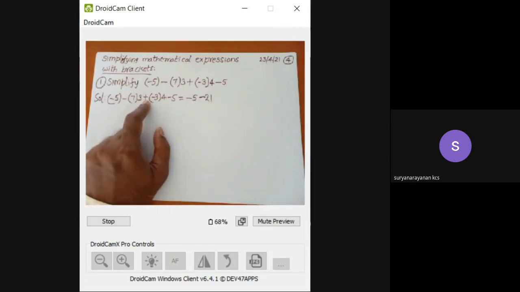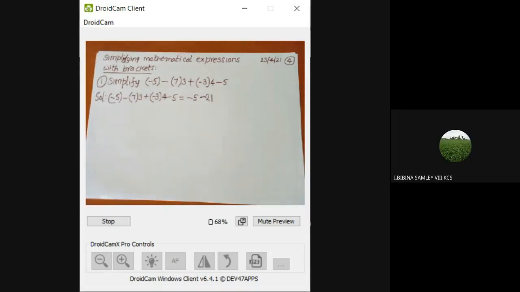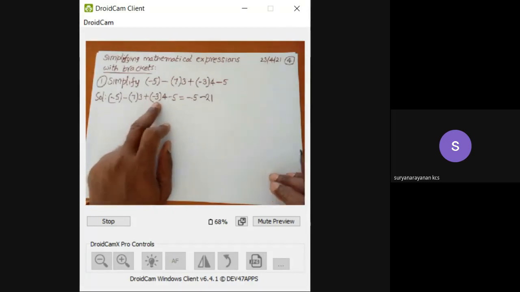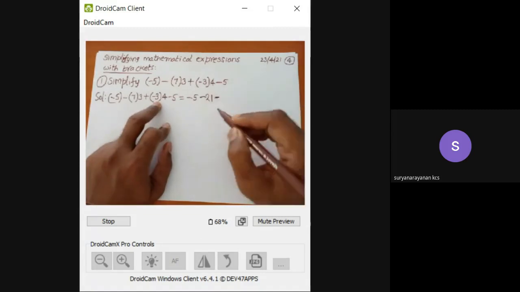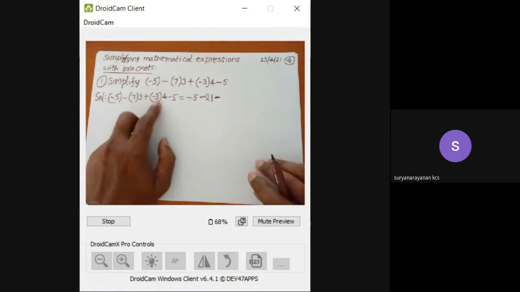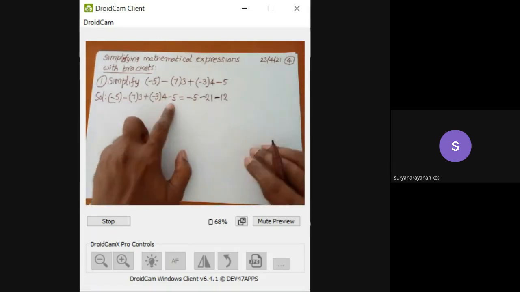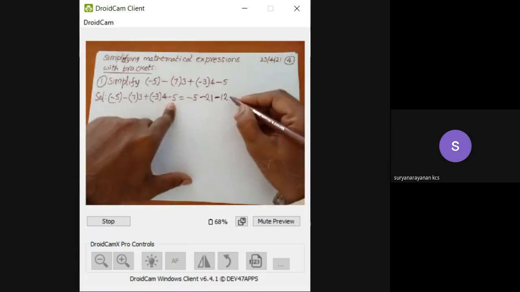First we multiply signs. Plus into minus, what will you get here? Minus. Next, we multiply numbers. 3 fours are 12. Next we write last number minus 5.